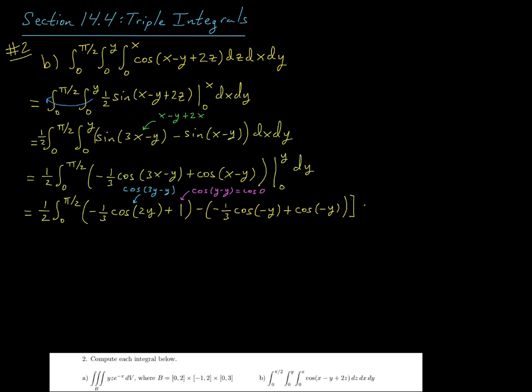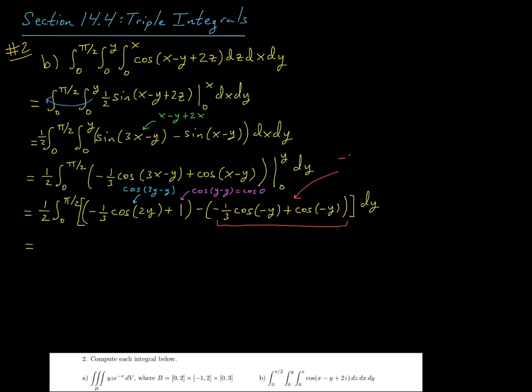Okay, and so now let's compute all that. You can see this is getting kind of cumbersome, but each of these individual integrals, fortunately, is not too bad. Now, there is something I can do here in this parenthesis to simplify. This right here would be minus 1/3, and the cos of minus y is just really the cos of y, because cosine is an even function.